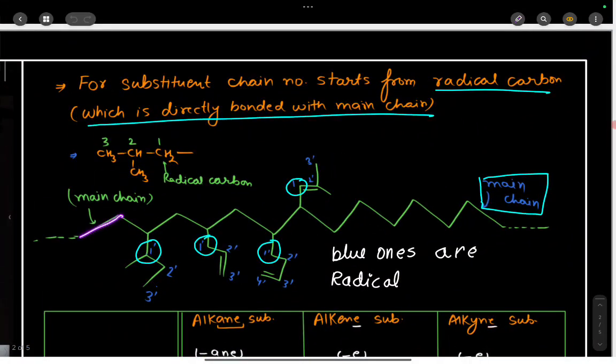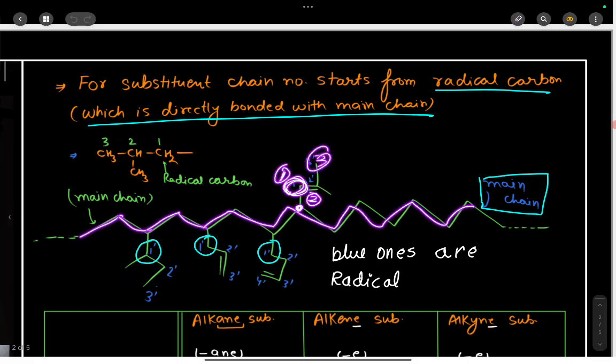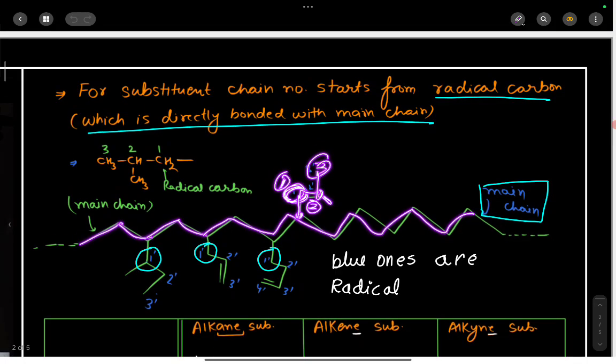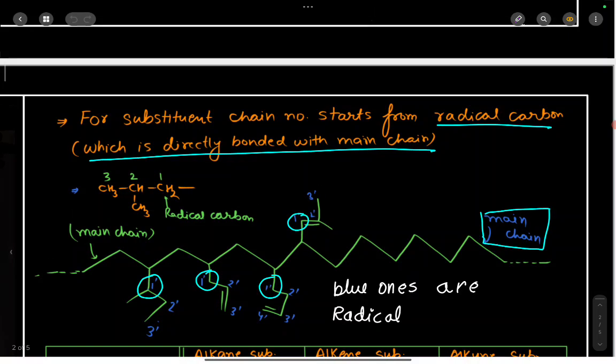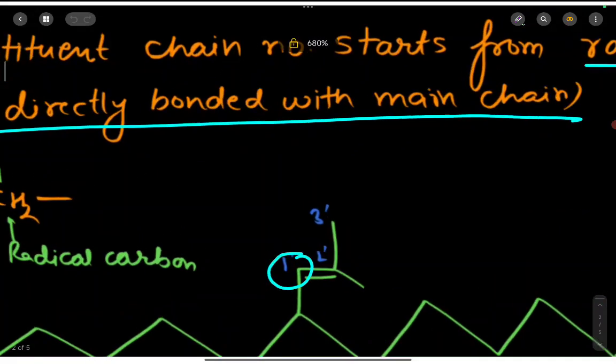Now sometimes, if this is our main chain, the substituent groups are also complex. For example, they sometimes need their own numbering, so we can show the substituents of the substituents. If we want to number our substituent groups, then we always start numbering from the radical carbon, irrespective of the priority order. What does this mean?